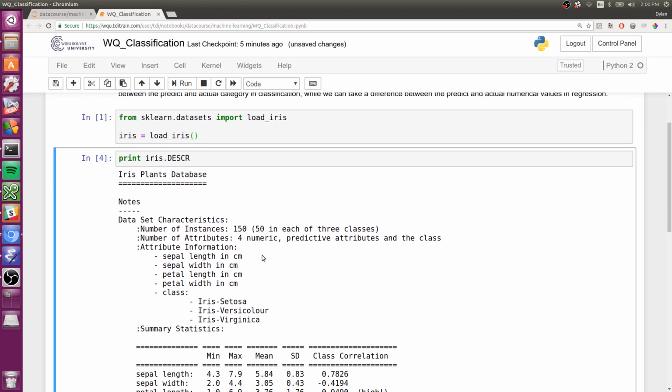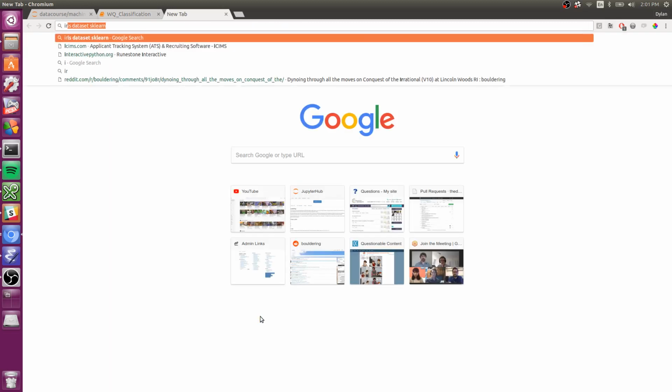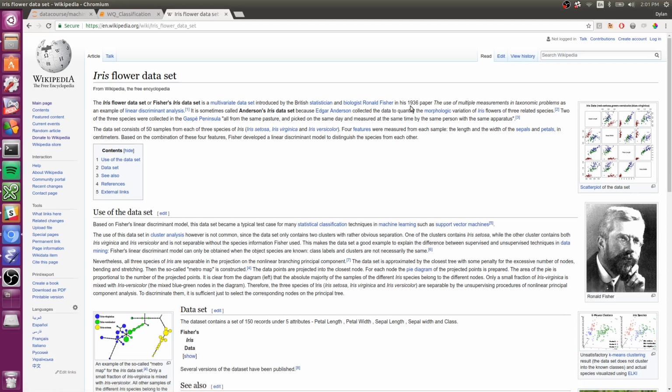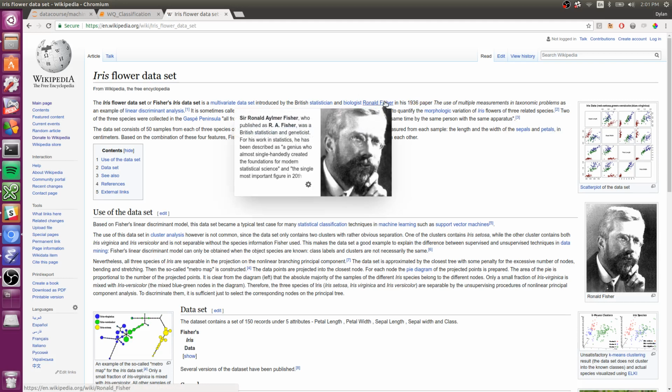So I'm going to show you the Iris data set, which is a data set containing 150 observations, with 4 different features: sepal length, sepal width, petal length, and petal width, measured in centimeters. And each observation is a different type of iris. This is a very famous data set that is actually quite old, nearly 100 years old, developed by biologist Ronald Fisher.